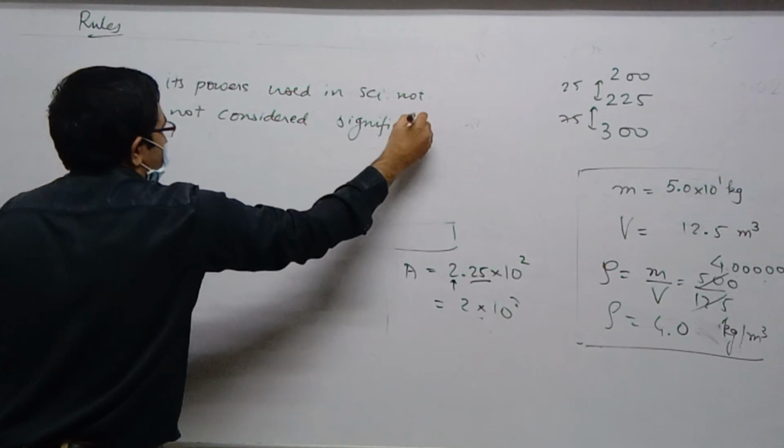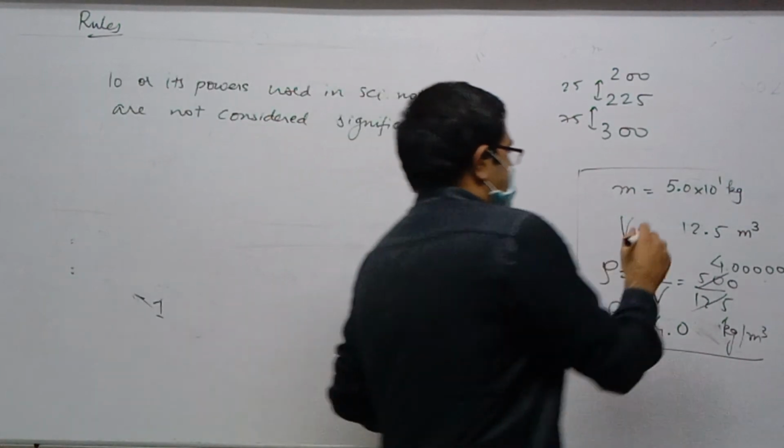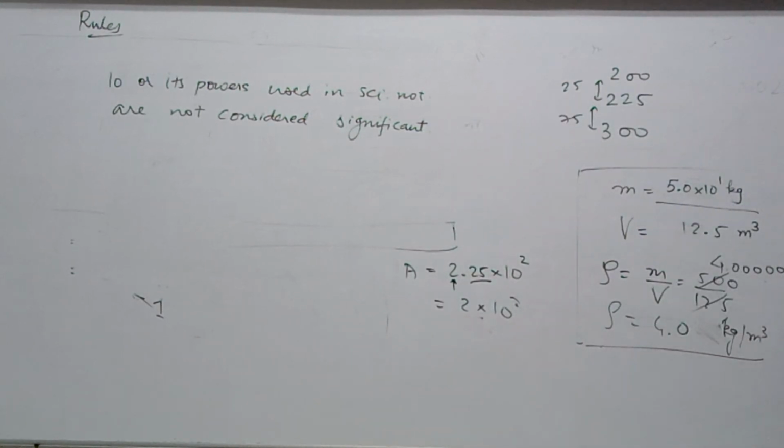Look at this. This is scientific notation. So this 10, or its power, is not considered significant. So here only 2 digits are significant, which are 5 and 0.